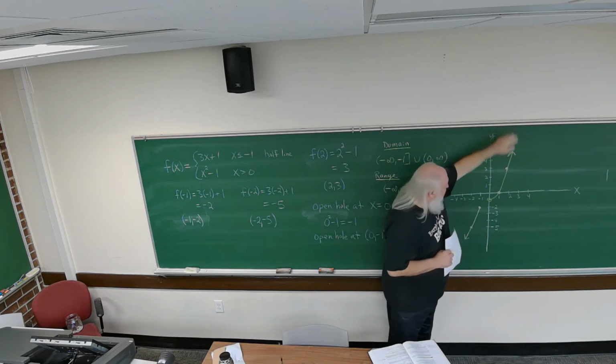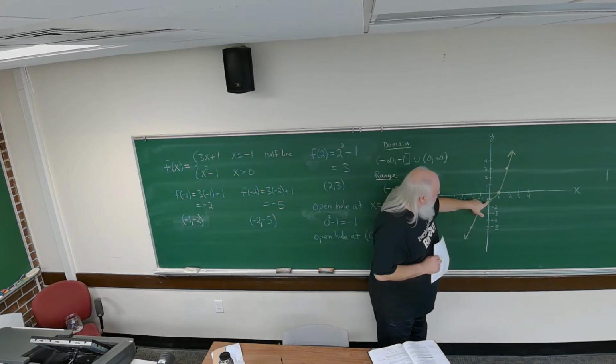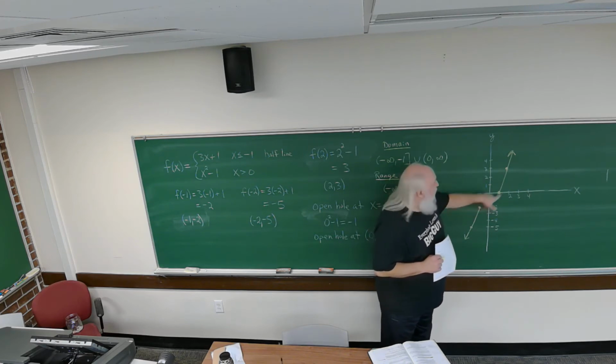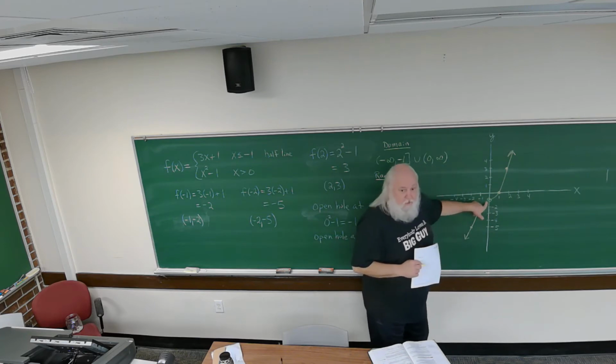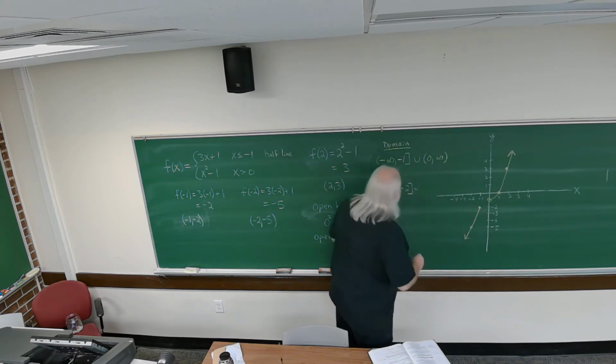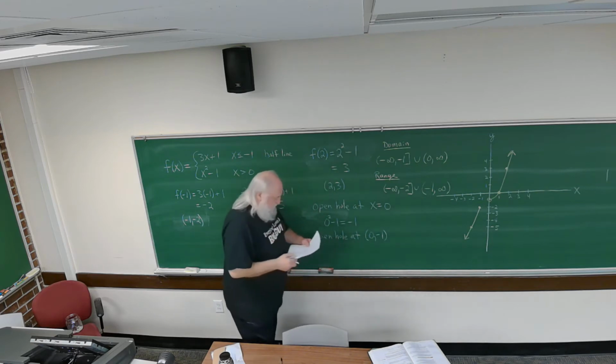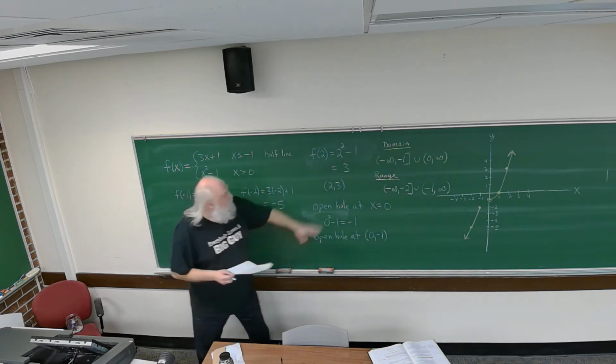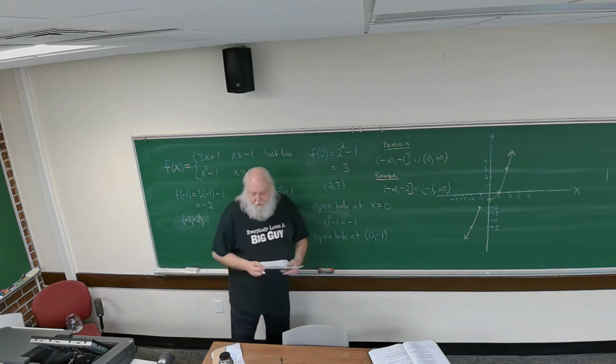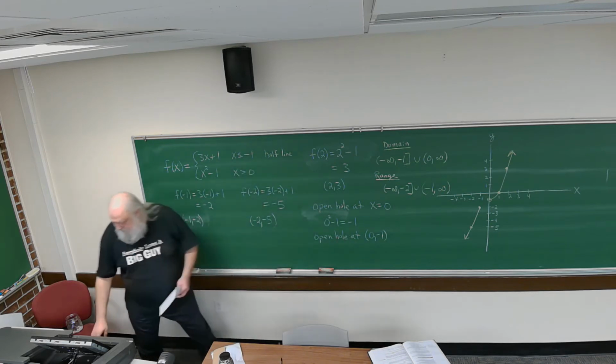The range begins at -1 and goes to infinity, but we're not including -1 because of the open circle. So we have parentheses, -1, infinity, parentheses for the range. Okay? And that's parts C and D in this question.